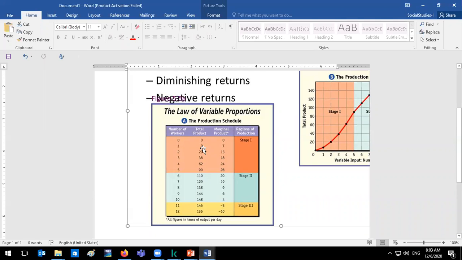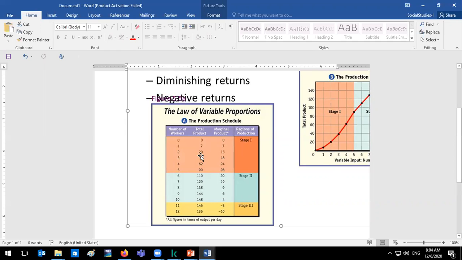So that's 7 minus 0, which is 7. So the first row is always zeros. The second row, I subtract 7 minus 0 and it gives me 7.